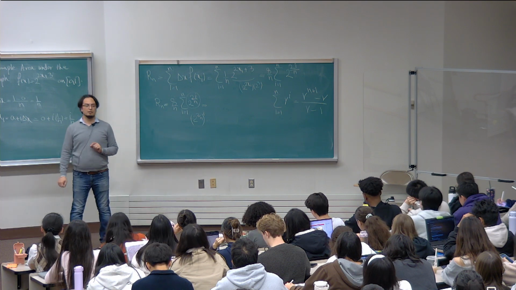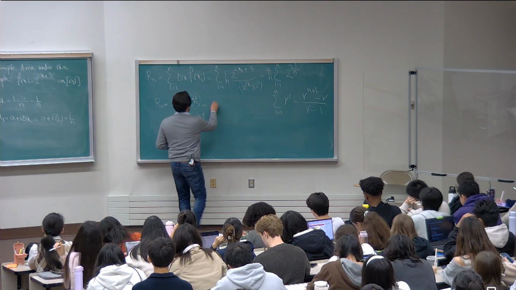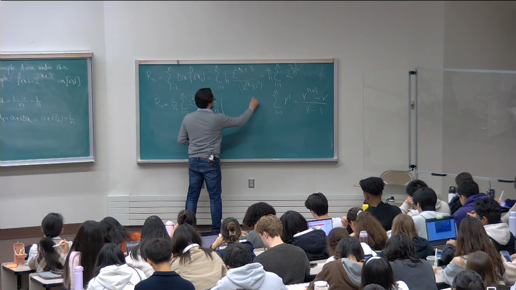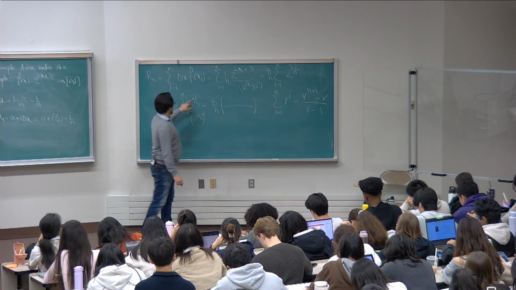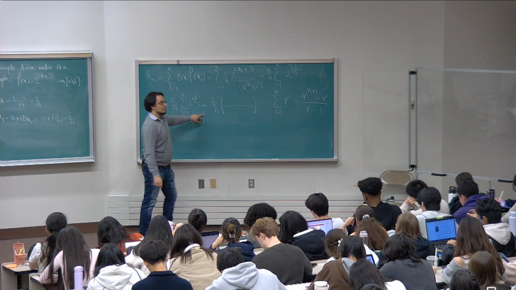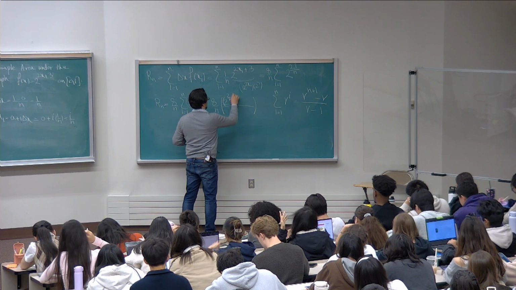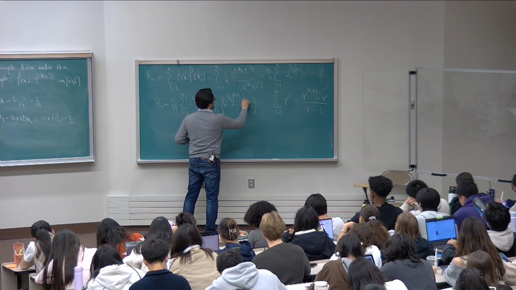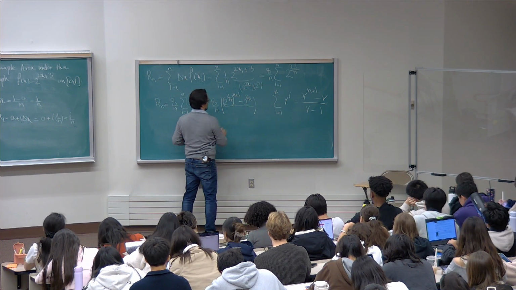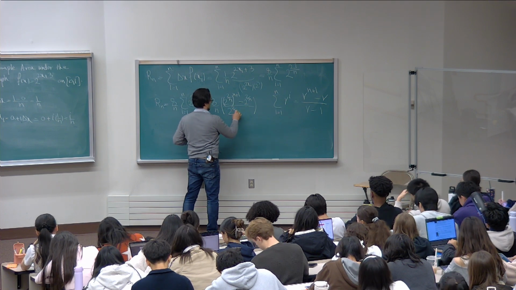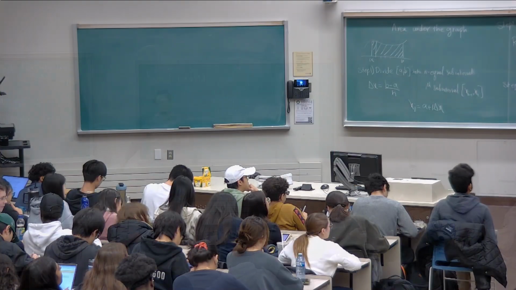And the formula for this will be r to the power n plus 1, minus 2 to the power 2 over n, r, over r minus 1.